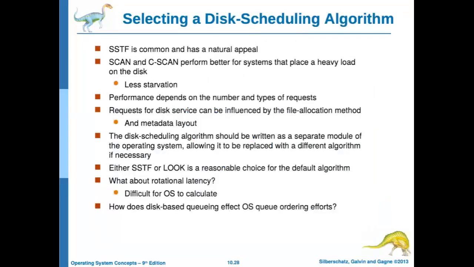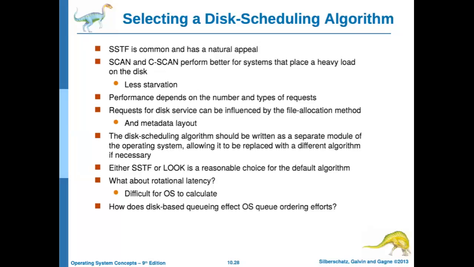SSTF is common and has a natural appeal, since SSTF definitely reduces the head movement. Scan and C-scan perform better for systems that place a heavy load on the disk. There less starvation is there. So back and forth movements are reduced there with scan, C-scan.